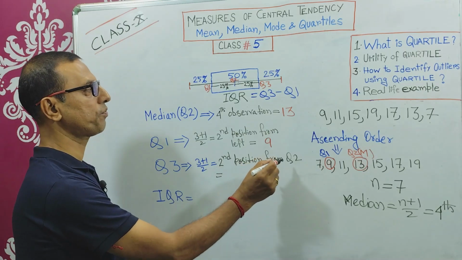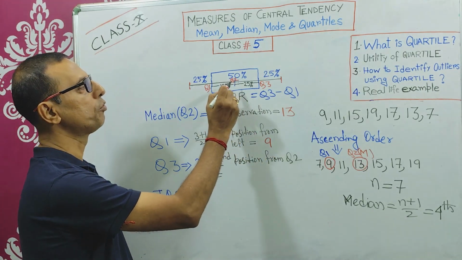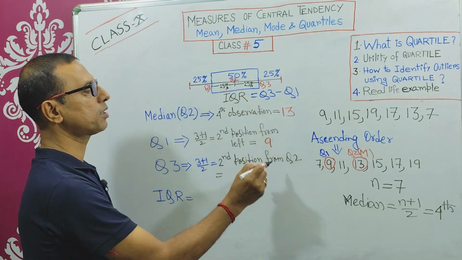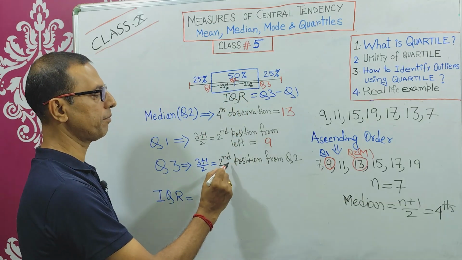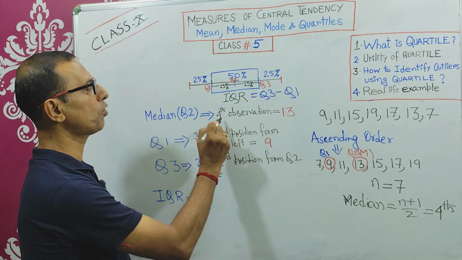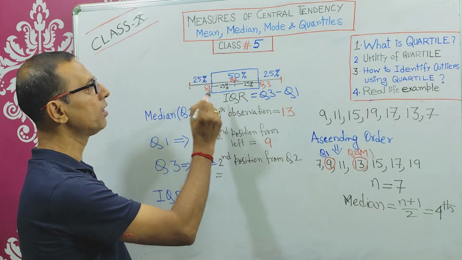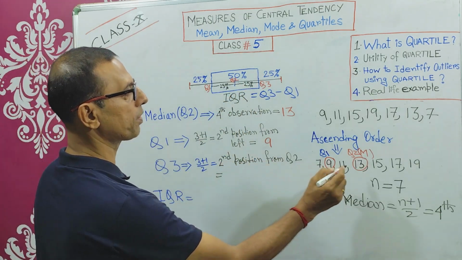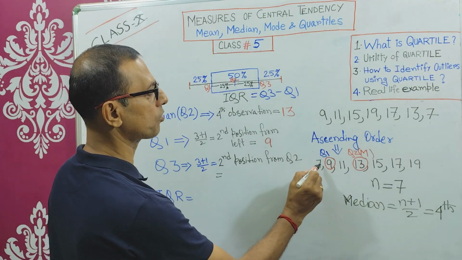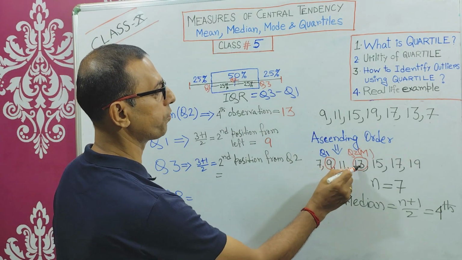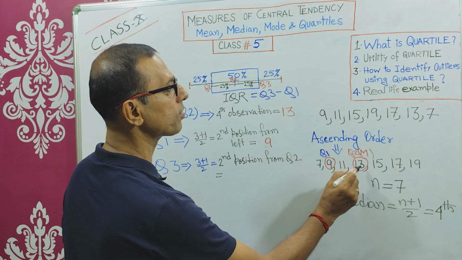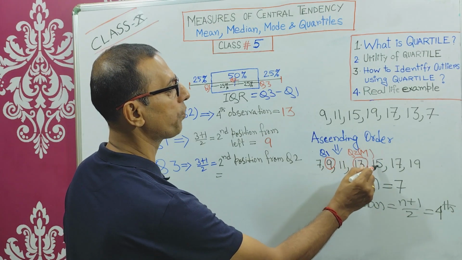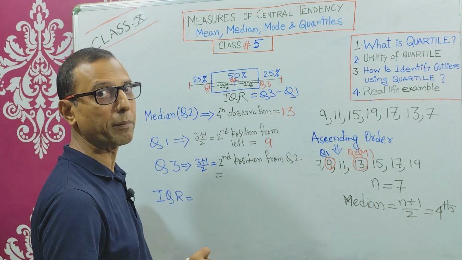So the second position from Q2, or Q2 is at the fourth position, that is the 6th position from the left. Either the second position from Q2 or the 6th observation from the left is Q3. The 6th observation means 1, 2, 3, 4, 5, 6, that is 17. So you need to exclude the median, right?